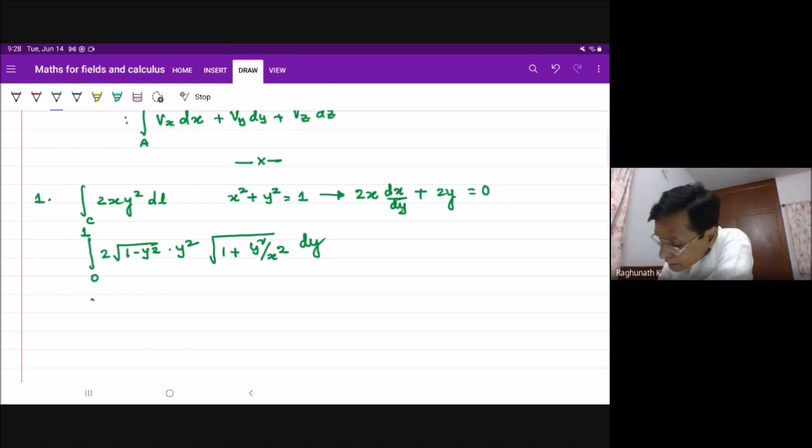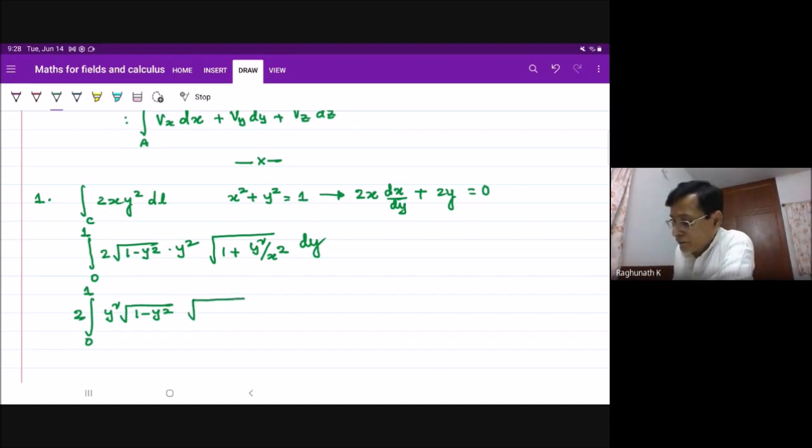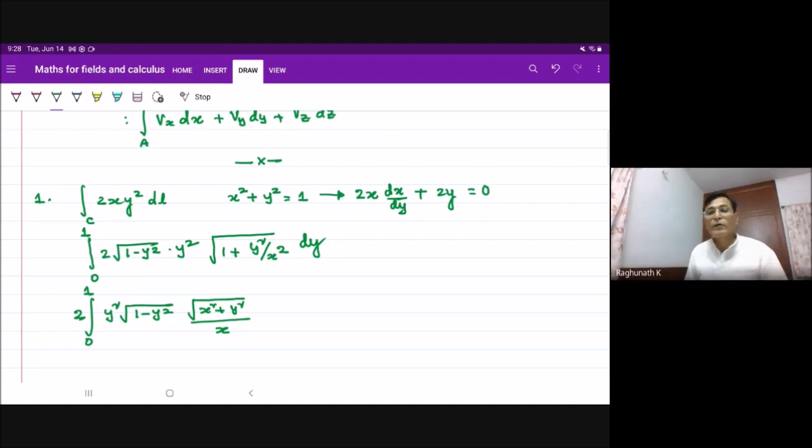What will happen to this? Integral 0 to 1, 2 y squared root of 1 minus y squared, root of x squared plus y squared by x squared, dy, where x is equal to root of 1 minus y squared.